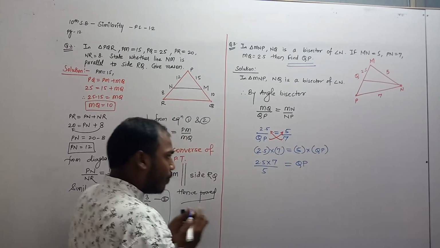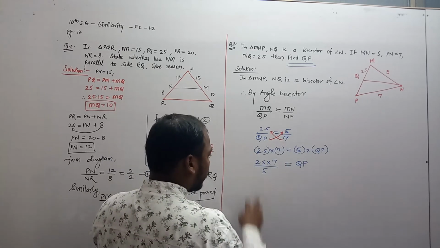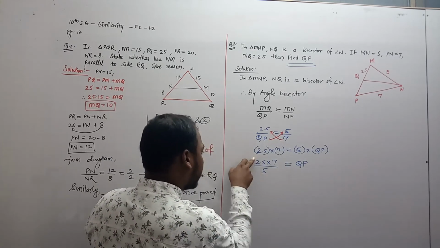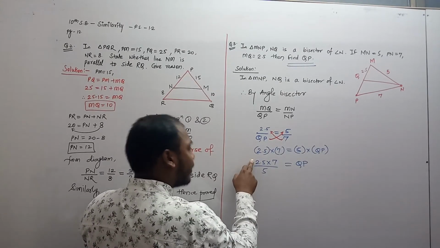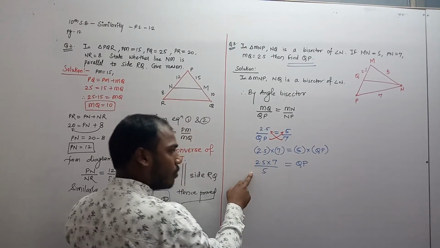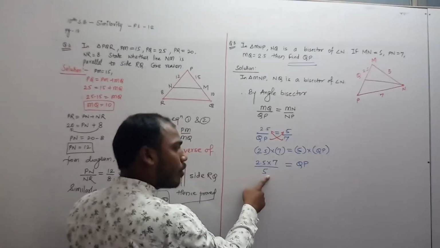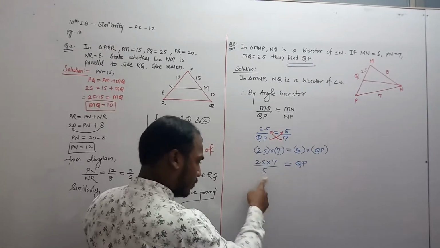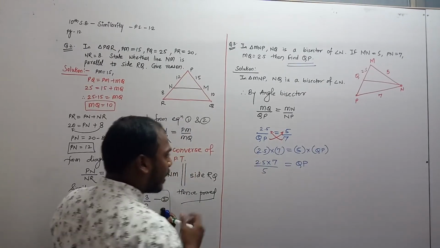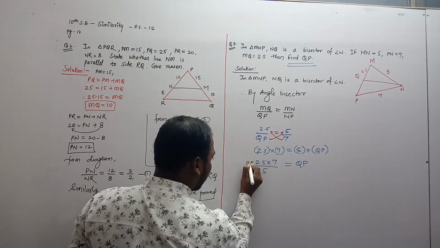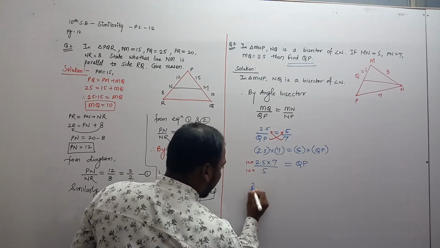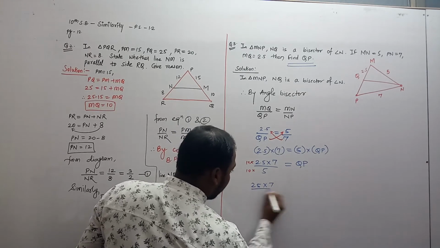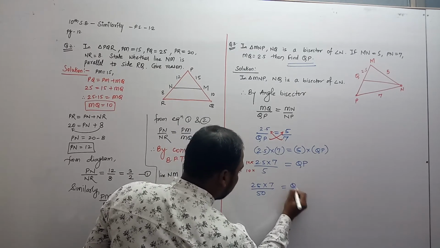As we know, this one represents 2.5. If I multiply numerator and denominator both by 10, it becomes 25 upon 50, which is 1 by 2. So the ratio becomes 25 into 7 divided by 50, equal to QP.